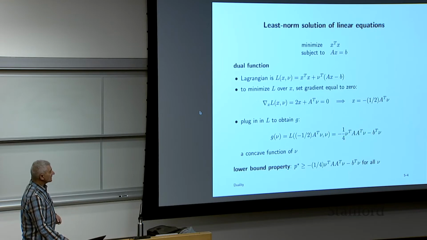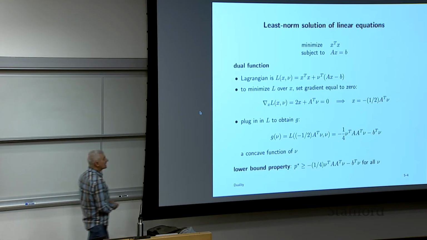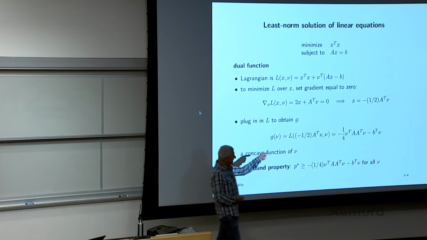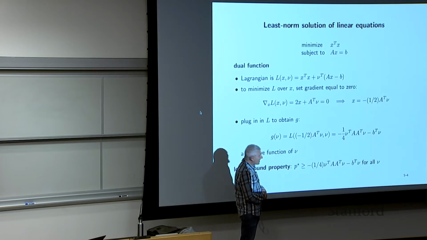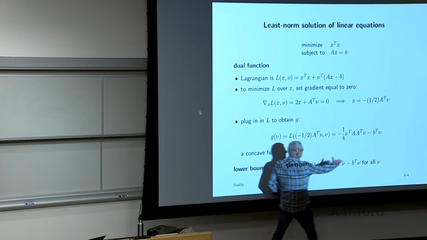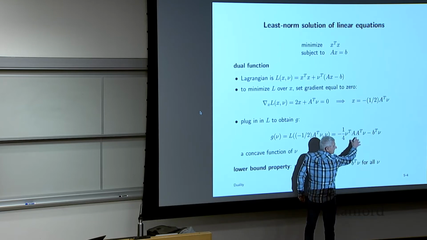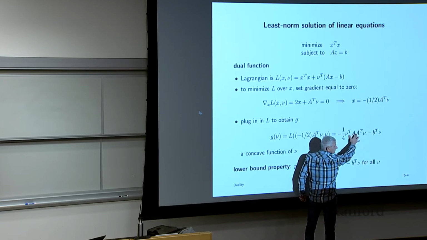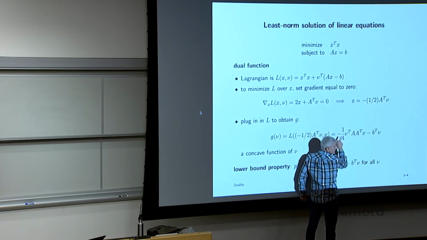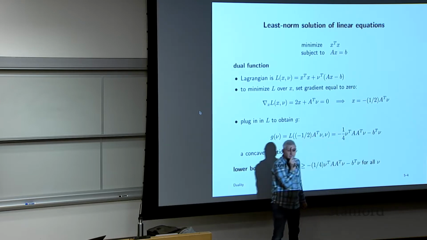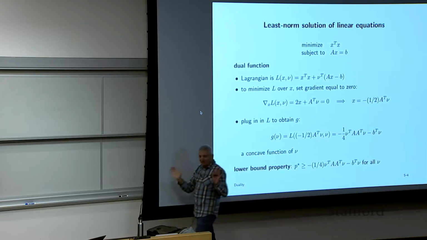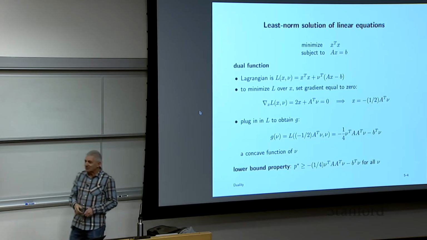I'm not going over the algebra, but it's not much. And sure enough, look at that. That is concave. Why? Because AA transpose is positive semi-definite, so this is convex, and with the minus sign it's going to be concave, right? So sure enough, that's good. I mean, we knew it had to be, right?